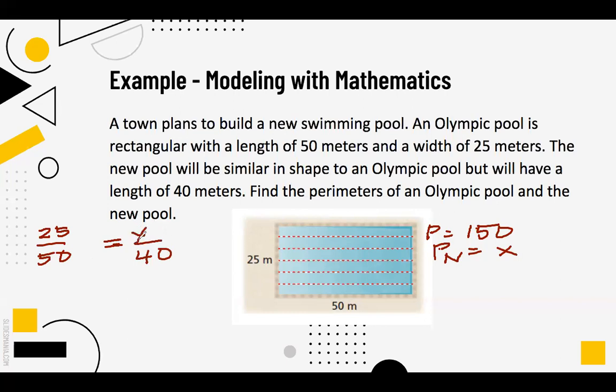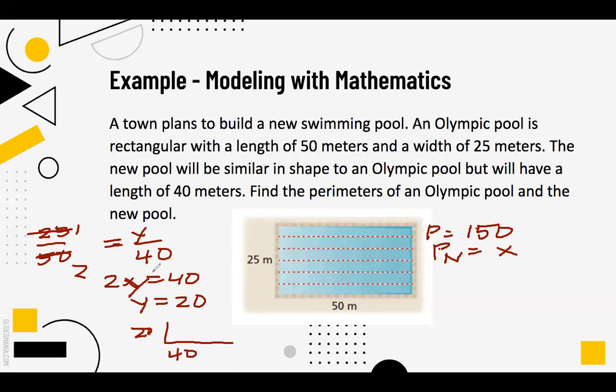Let's call that Y. Okay, so 25 over 50, we can reduce to 1 over 2. So I have 2Y is equal to 40, so Y is equal to 20. So the width of my new pool is 20. So my pool is going to be really a 20 by 40. All right, okay.